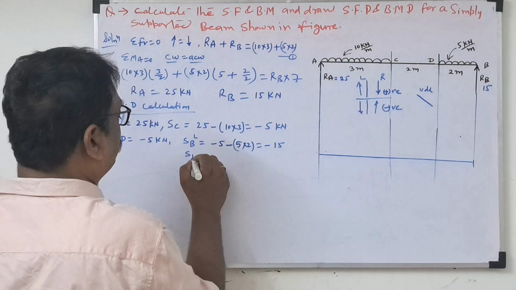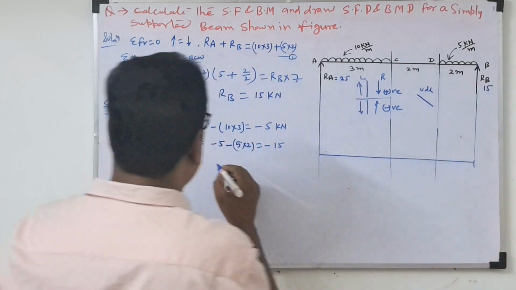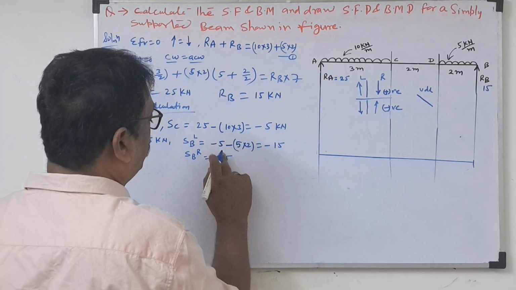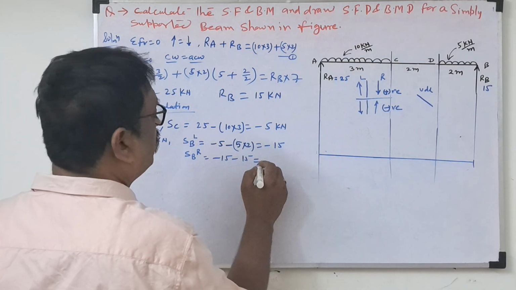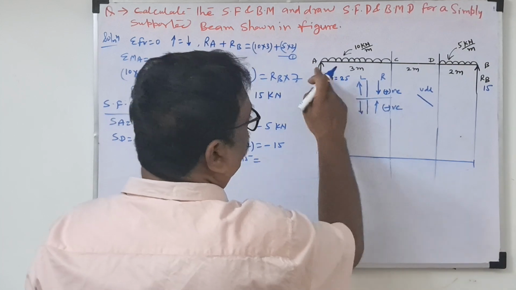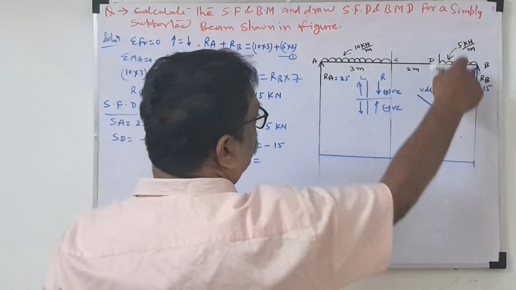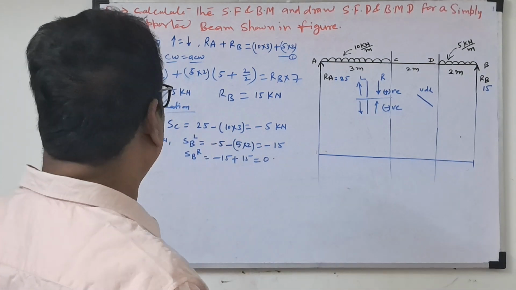For SBR, R means now RB will come. So minus 15 plus 15, because this is upward force. Upward force from the left side is positive, downward force negative. So shear force at B will be 0.